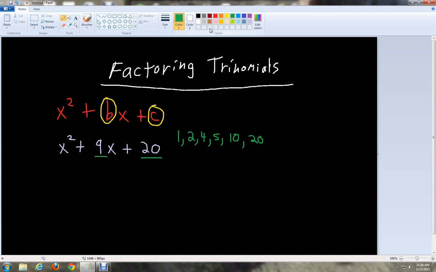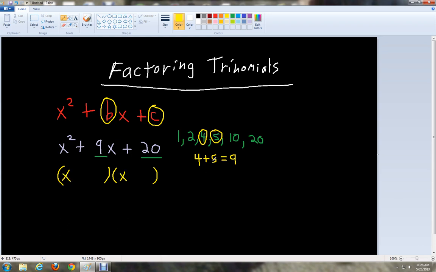So the factors of 20 that add up to 9. You can say 4 times 5 is 20. And I know that 4 plus 5 is 9. So that works. So we'll be able to factor this. x squared is x and x.